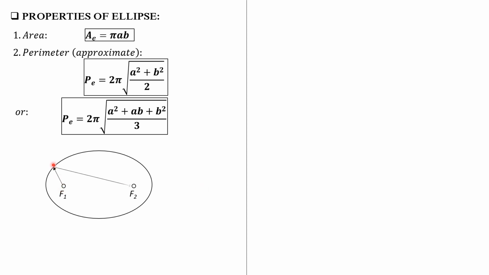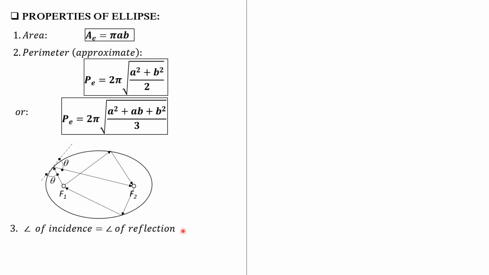In the same manner, if the person is positioned at f2 and speaks, then the sound wave would reflect towards the other focus. So that's the third property: the angle of incidence equals the angle of reflection, the same, equal.